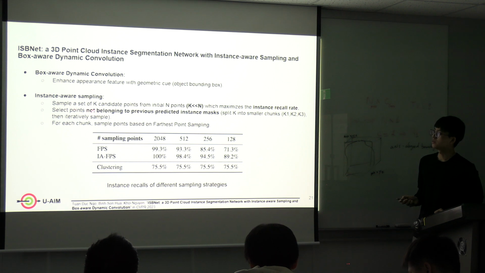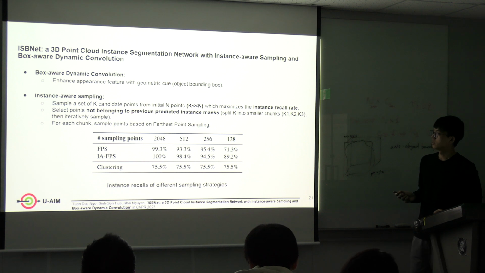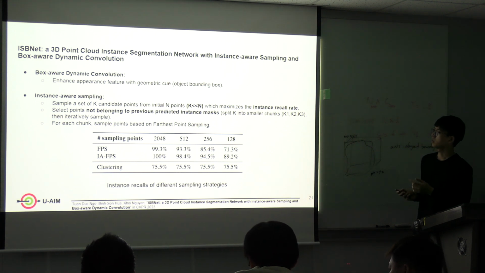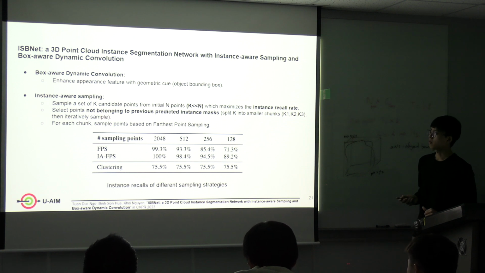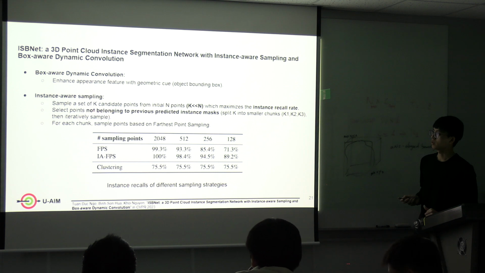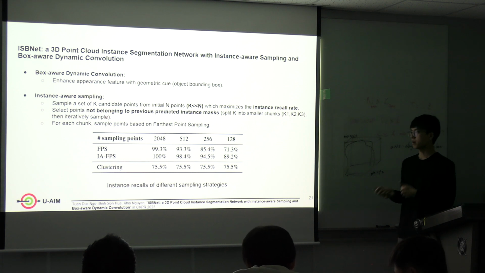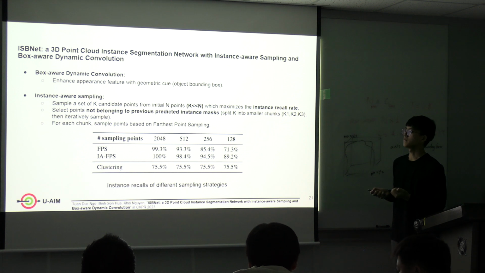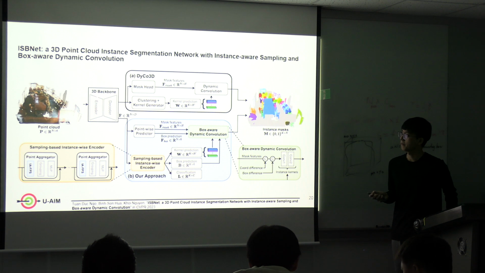So they try to select the points that do not belong to the previously predicted instance map. First they split the N points here into small chunks, and in each chunk they iteratively sample points that are not background points. They just use the foreground points. The foreground and background you can decide based on the semantic class you predict from the backbone.